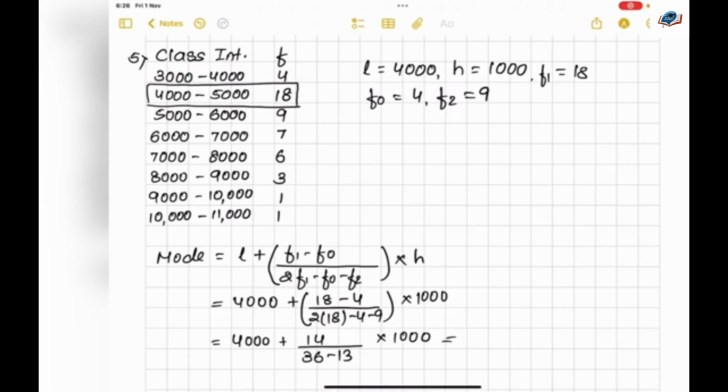So that is 4000 plus 14,000 upon 23. So that is coming as 4000 plus 608.69. So that is coming as 4608.69.